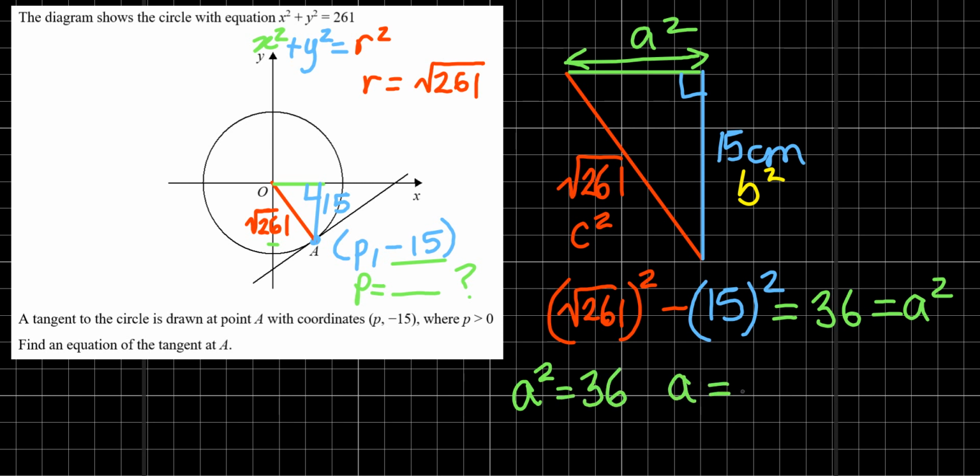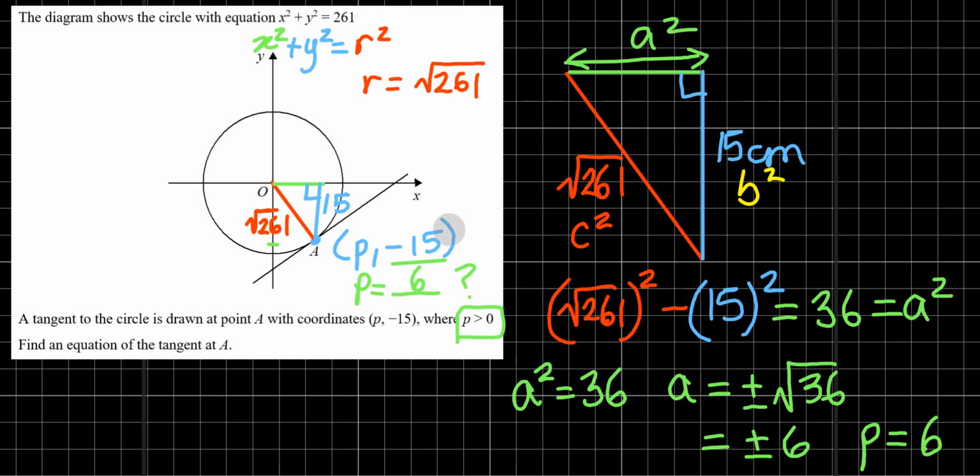A is plus or minus the square root of 36, which is plus or minus 6. We've been told that p is greater than 0, so p must be 6. We're not going to have a negative 6.